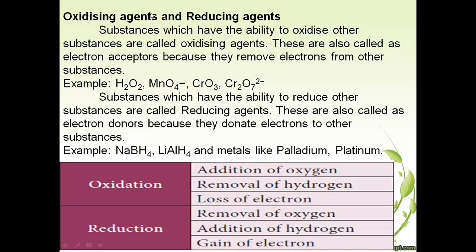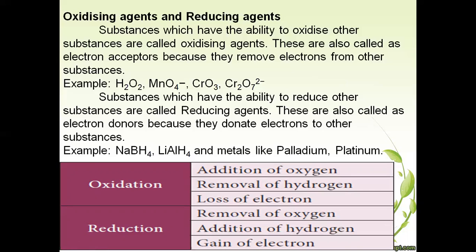Oxidizing agents are called electron acceptors because they oxidize other substances by removing electrons from them. Reducing agents reduce other substances, or donate electrons to them. So these are the oxidizing agent and reducing agent.